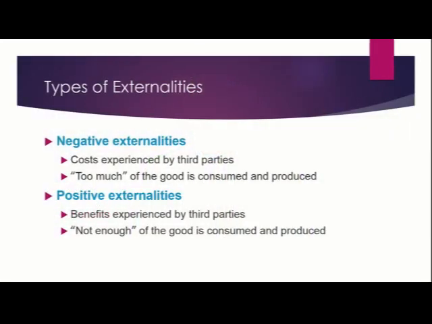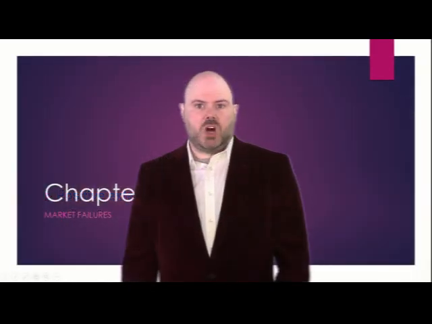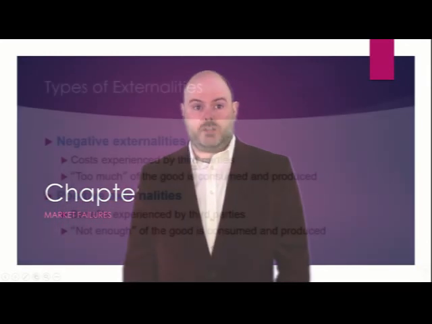So that would be a negative externality. Cost experienced by third parties. Too much of a good thing is consumed and produced. A negative externality in this case would be toxic waste in a body of water where people fish.